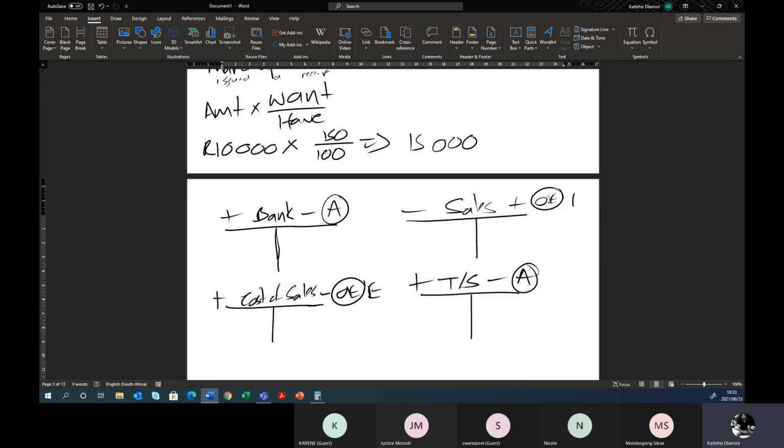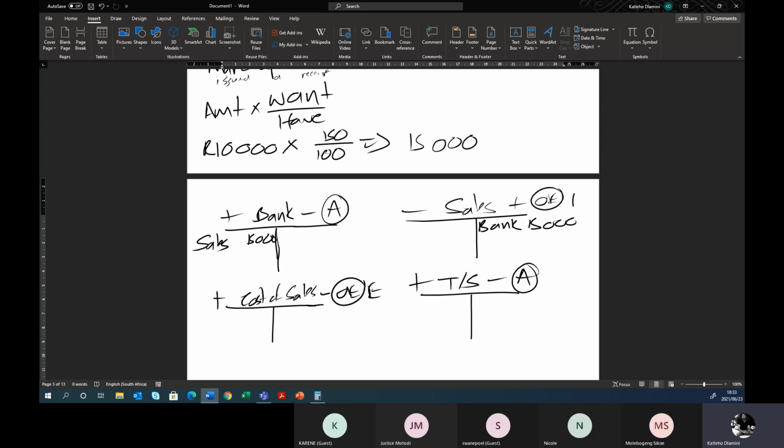The top line is as follows: we receive 15,000 into our bank account, so our bank account needs to increase. On the debit side of my bank account, I have 15,000. My contra account is sales. Sales is increasing. I have made an additional sale, so I have more income, and my contra account is bank.